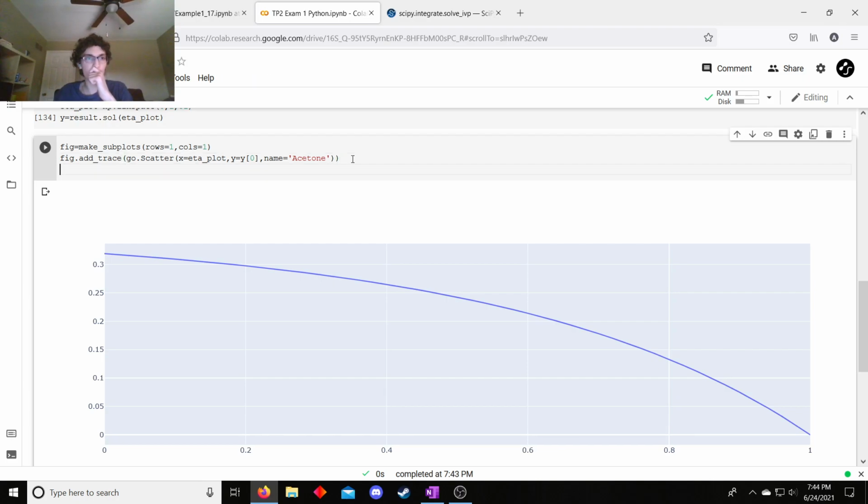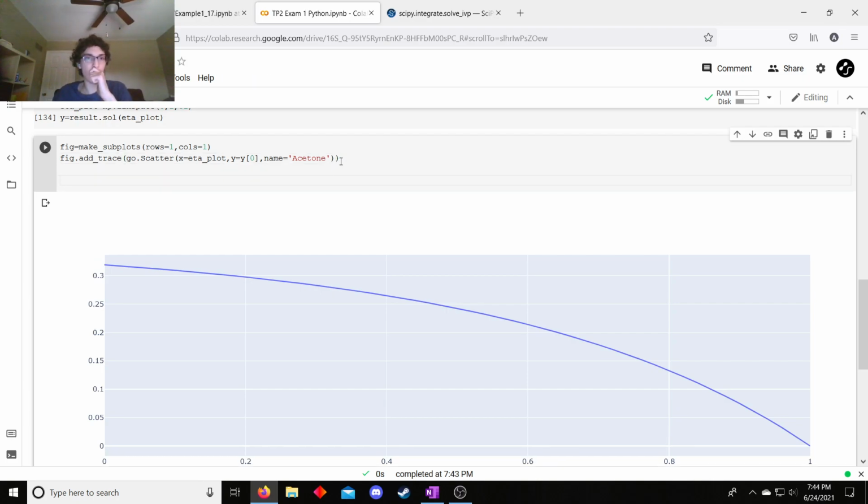So we're going to need to do this for methanol and air. I'm going to do some caveman coding here and copy and paste, because I can. And we're just going to change this to 1, and this is going to be methanol. This is going to be air.